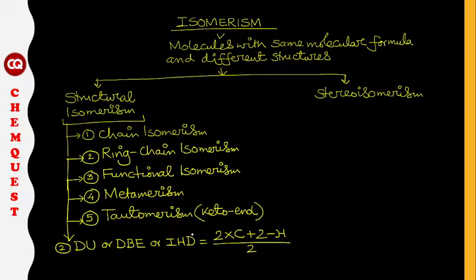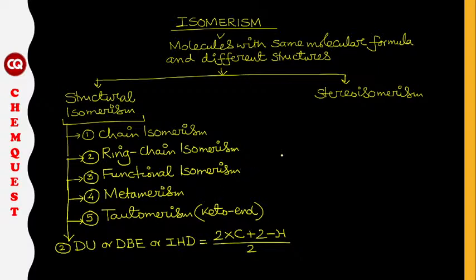This formula is used for ring chain isomerism, number 2 part, after keto-enol tautomerism. We will discuss this DU, degree of unsaturation, DBE, double bond equivalent, and IHD in our next part.